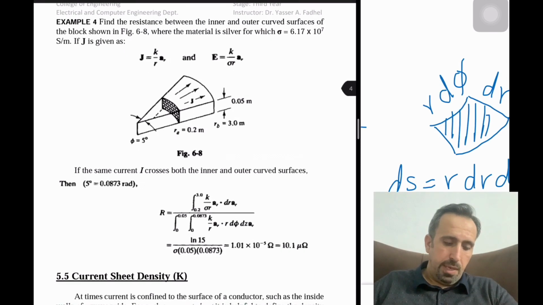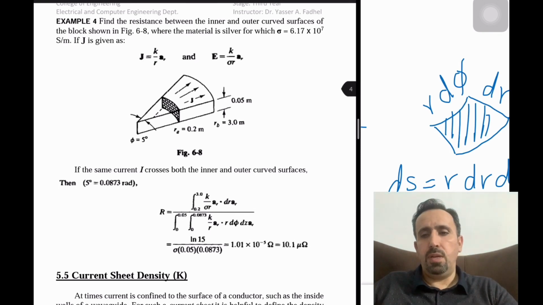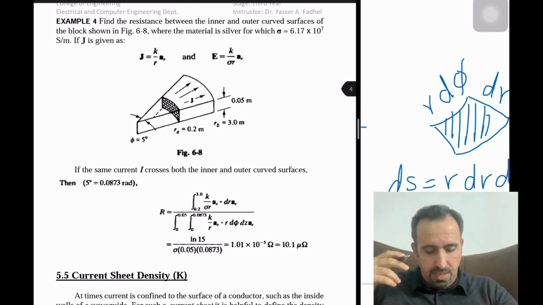This example says find the resistance between the inner and outer curved surfaces of the block shown in this figure. It is like a piece of triangular cheese, lavash kiri or any type, just to understand the geometry.